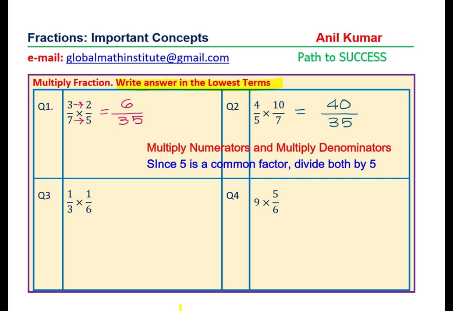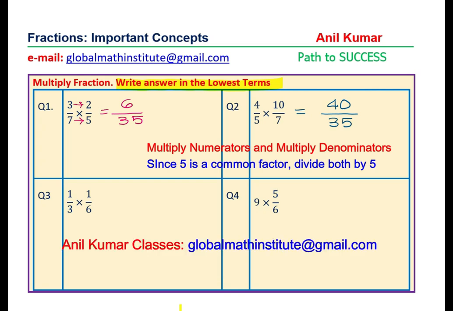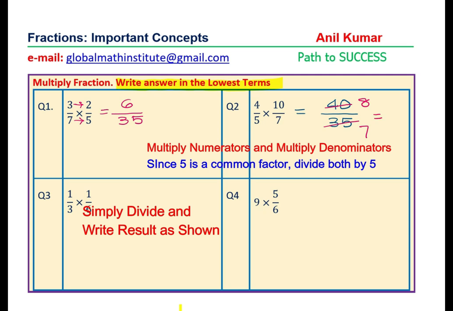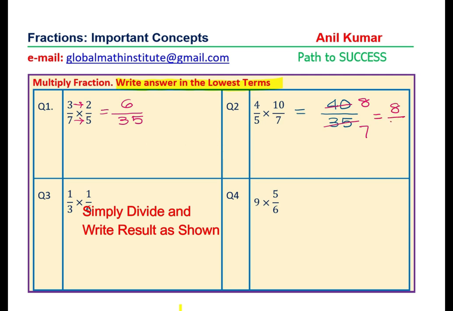Now, here, between 40 and 35, both can be divided by 5. So, there is a common factor, 5. So, that fraction can be written in a simpler form. Dividing by 5, 40 divided by 5 is 8, and 35 divided by 5 is 7. So we'll write down the answer as 8 over 7.